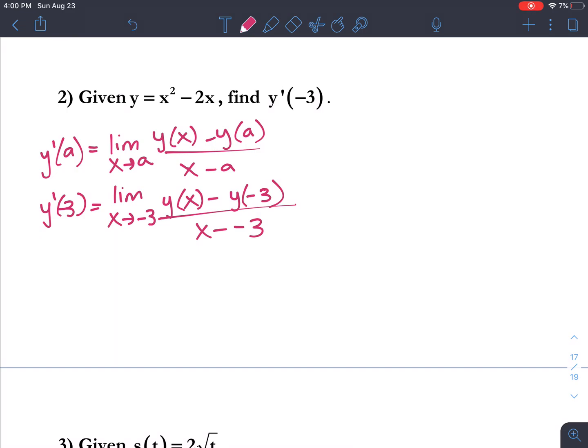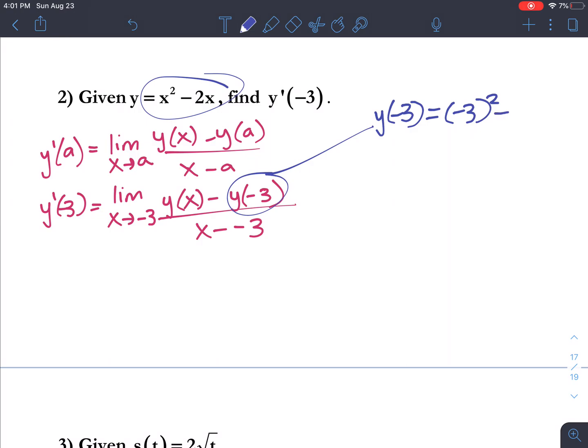All right, guys, on the side here, we could just figure out what is y of -3. We need to know what this is, so let's just do it over here. y of -3, I'm just plugging in, -3 squared minus 2 times -3, 9 plus 6, I get back 15.